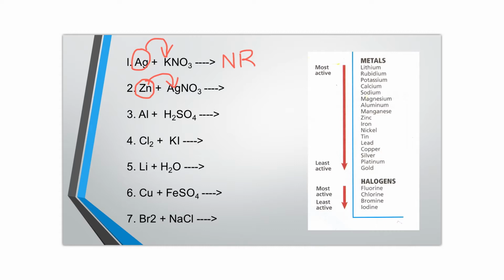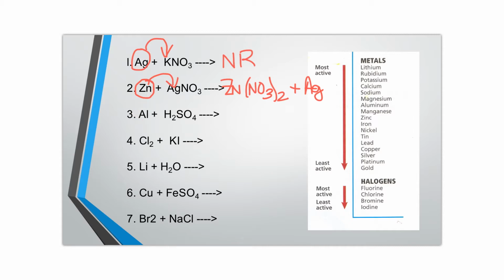So at the end of the day, we're going to get two new things. We're going to get zinc nitrate. That's NO3 because it's +2 zinc, and then silver metal. And then that's that.